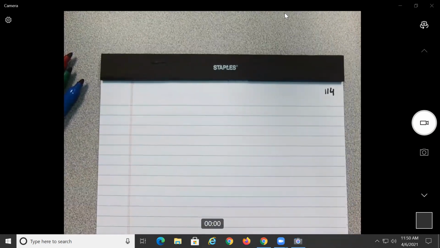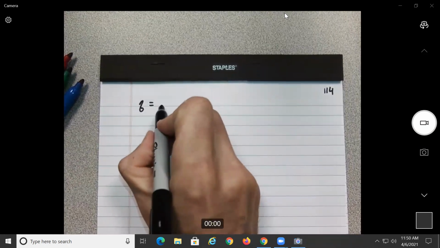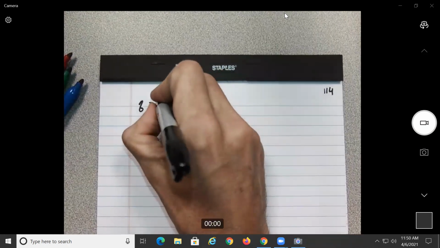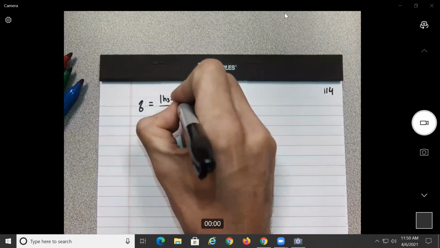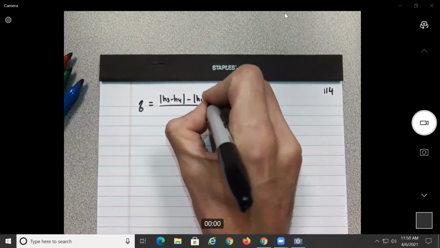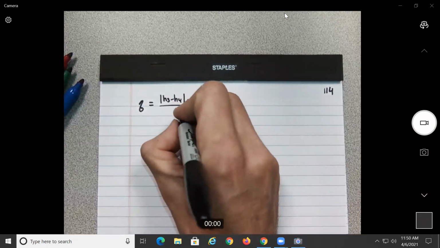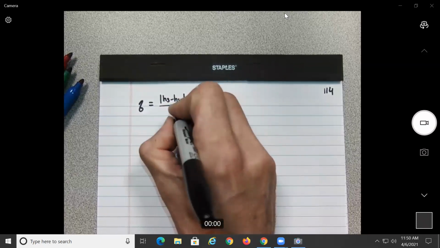All right, so basically we have the efficiency here is given by the absolute value H3 minus H4 minus H1 minus H2, over H3 minus H2.